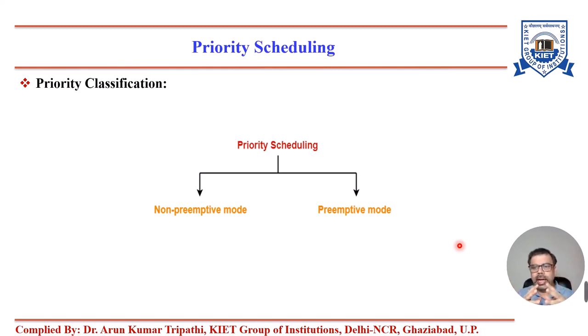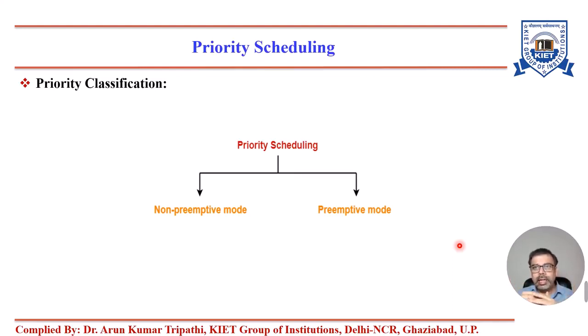Just like the SJF algorithm we went through in the previous video. Firstly, we are dealing with non-preemptive. In the non-preemptive priority algorithm, once the processor is assigned to a particular process, it cannot be preempted until the process which is executing leaves the processor itself.